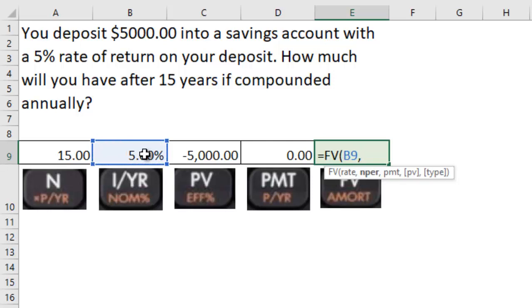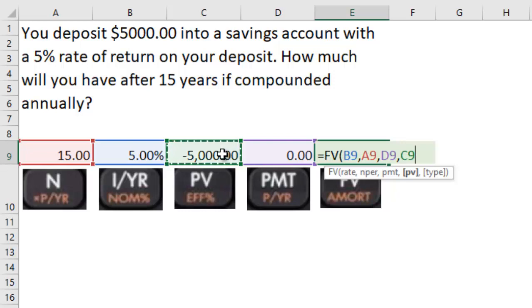Comma, in per, number of periods, 15, comma, the payment, 0, comma, PV, minus 5,000.